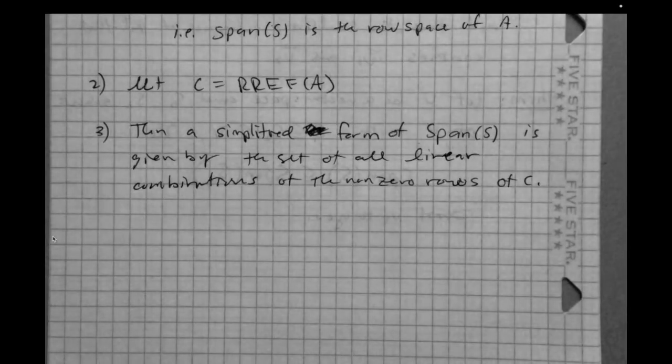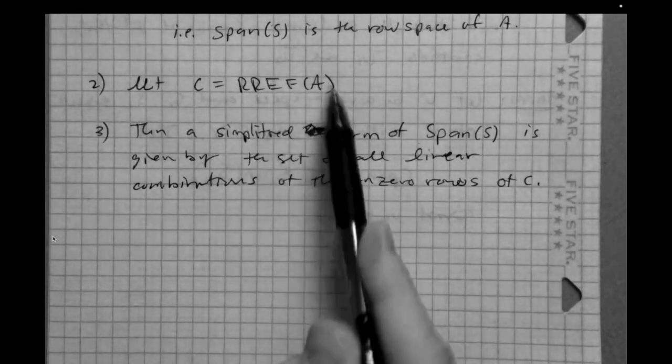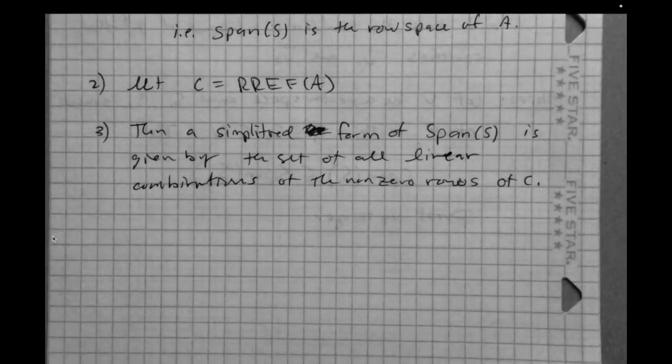Basically, row reduction has this nice property of filtering out the unimportant vectors of S. Some of the vectors in S may be redundant or unnecessary for expressing the span of S. Row reducing A, where A is comprised of rows based on S, tends to filter out the vectors that don't matter.